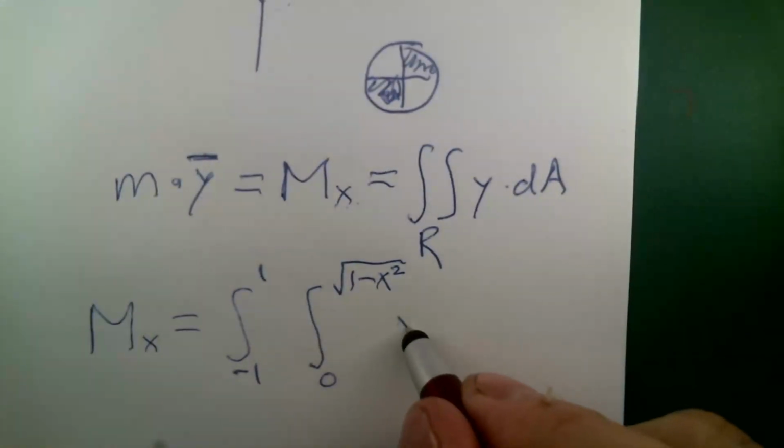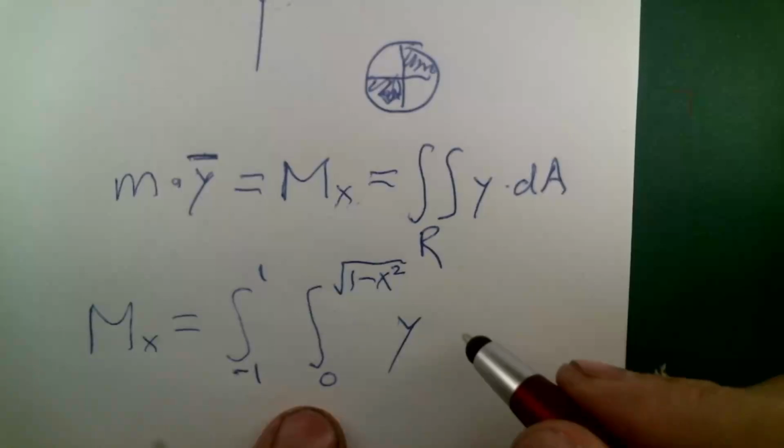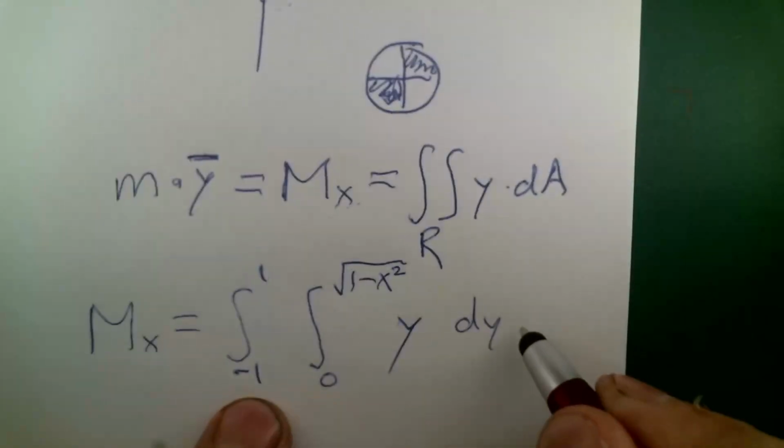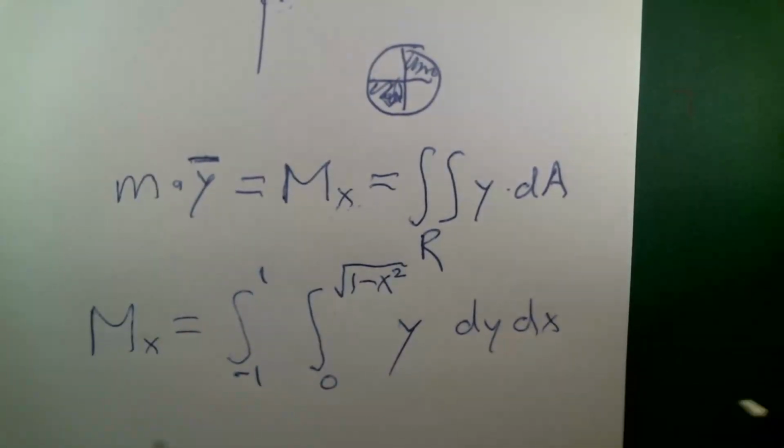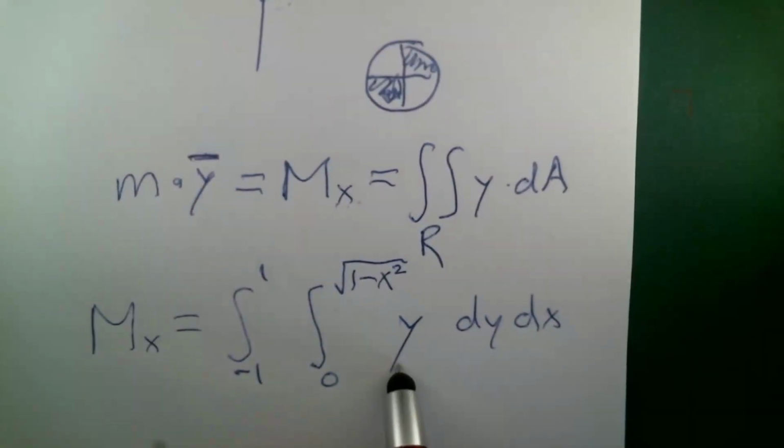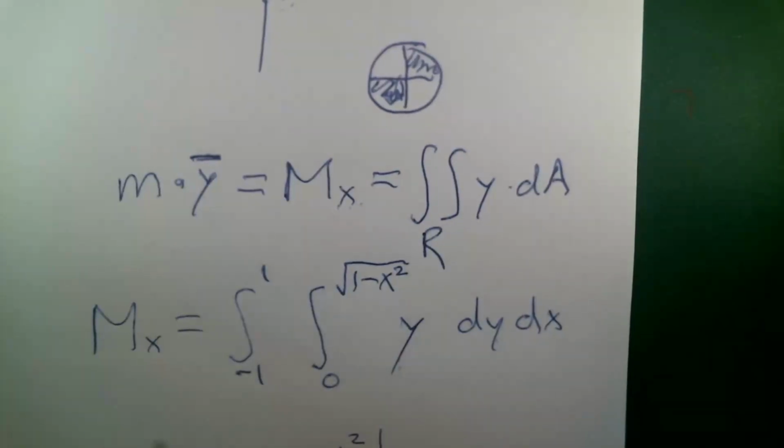And then we would have y, and this would be dy then dx, right, for the area. And that's kind of a hard integral to do. Well, let's see, maybe it's not so bad. Because when I integrate with respect to y, the antiderivative is going to be y squared over 2. And we'll evaluate that between 0 and this radical.